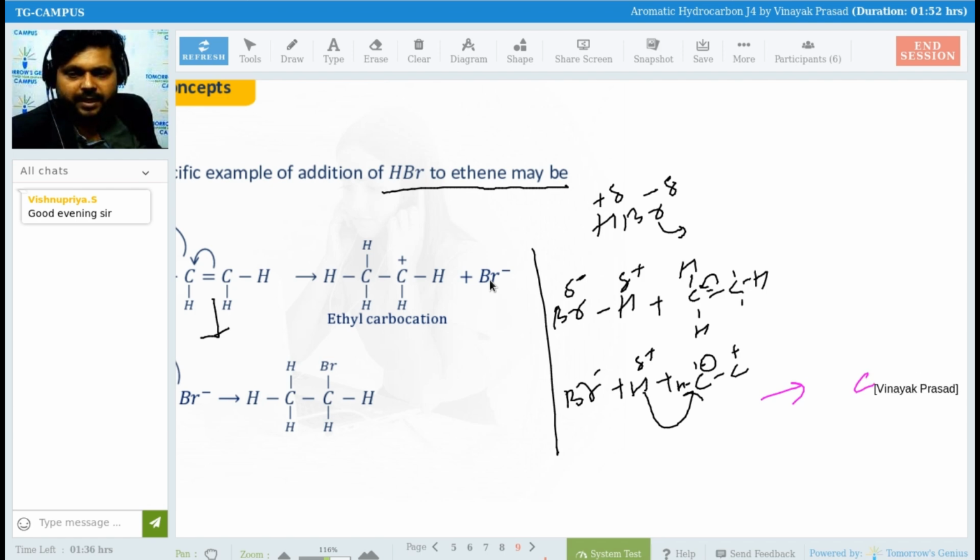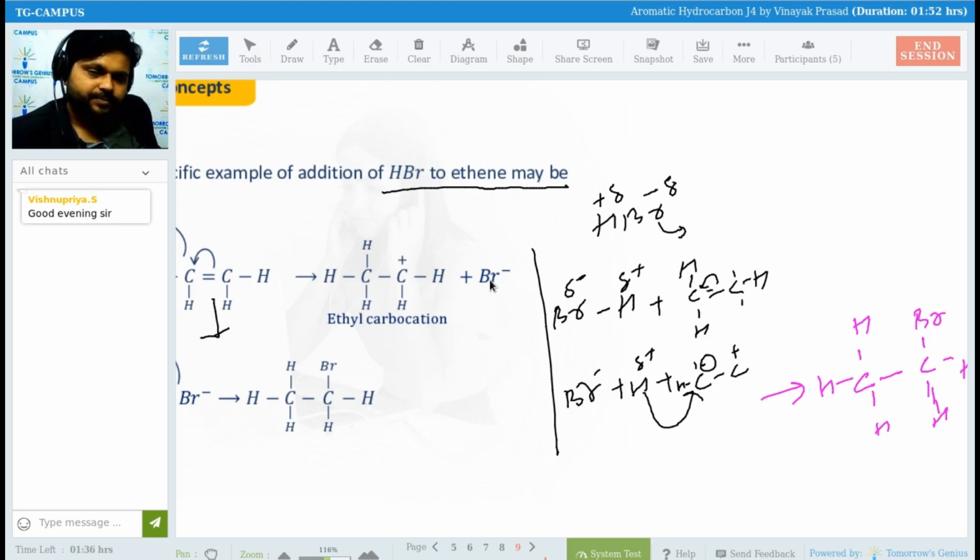The new product will be carbon, H, and C here. The minus carbon will have the plus one, that is H, and the plus carbon will have Br. So here it will be Br. So you can see how this product, the addition product, has been formed.